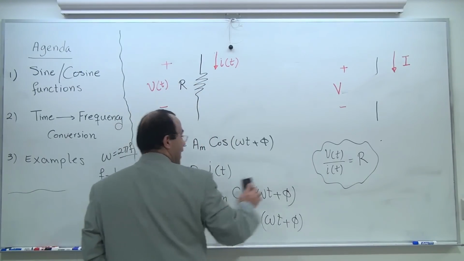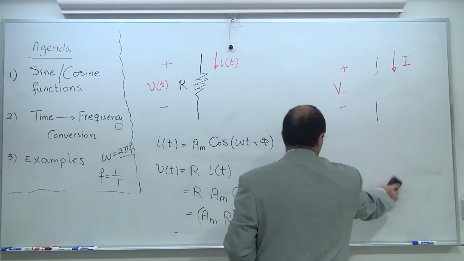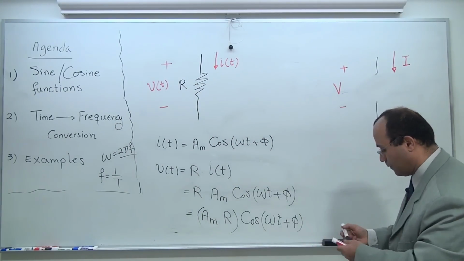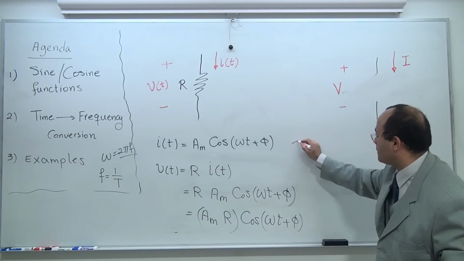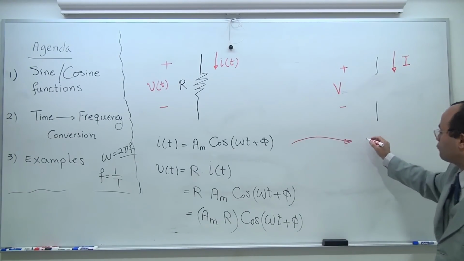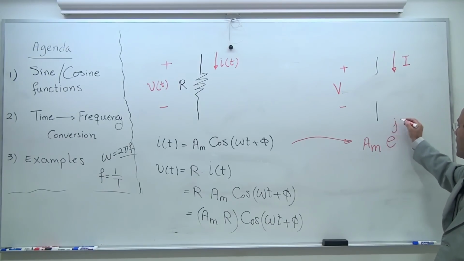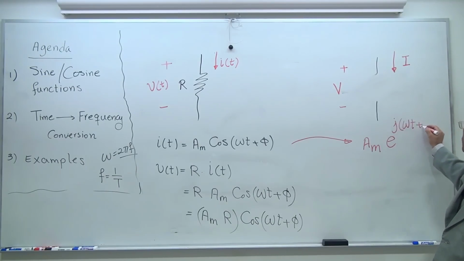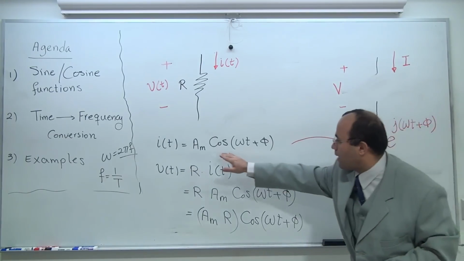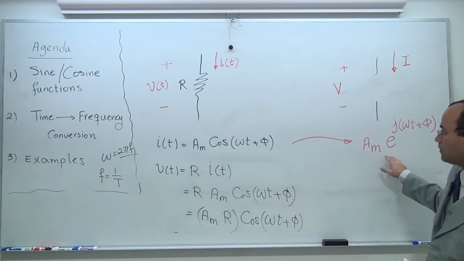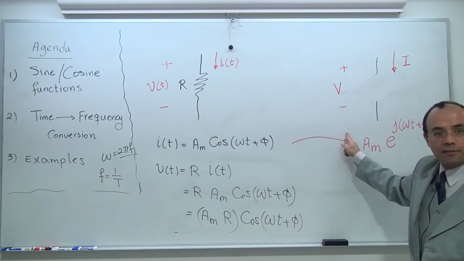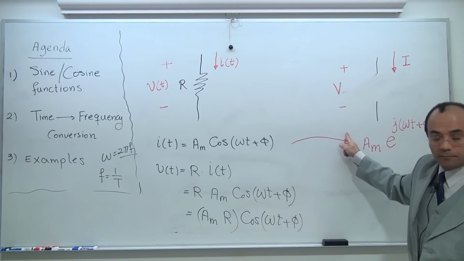So I'm going to say, because I know everything is going to be real, take a look at this and translate this into A_m e to the power of j(omega t plus phi). What did I do? I simply say this is the real part of this, but let's ignore the real part.